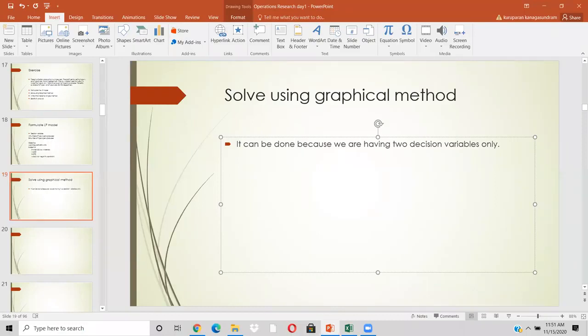We have to draw the constraints and we have to identify the feasible region first. Okay, how to draw that graph? We'll look at it.